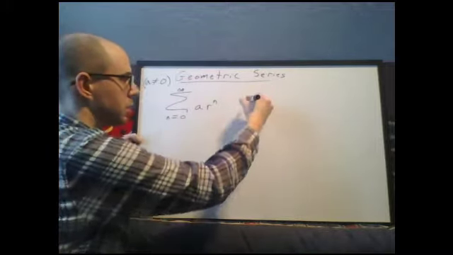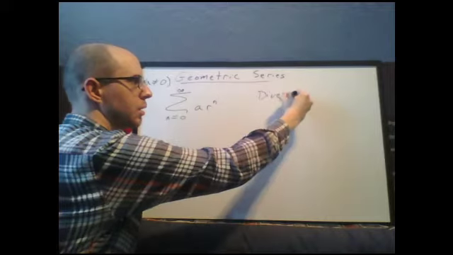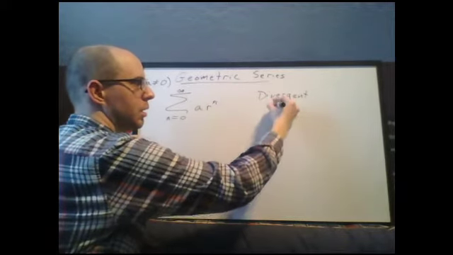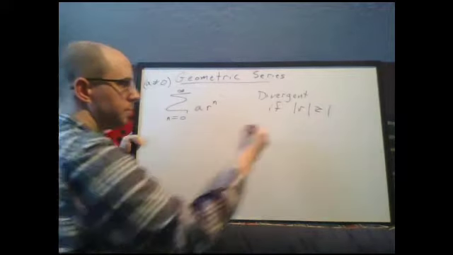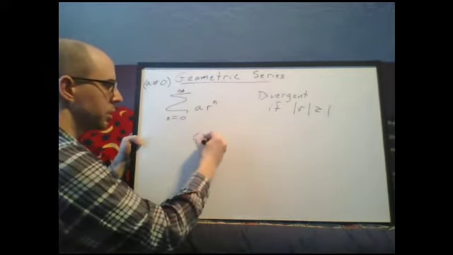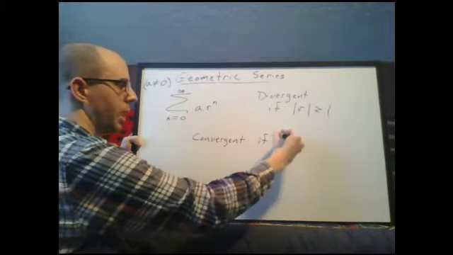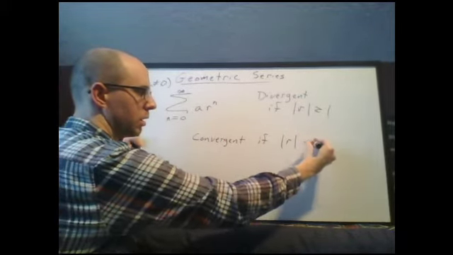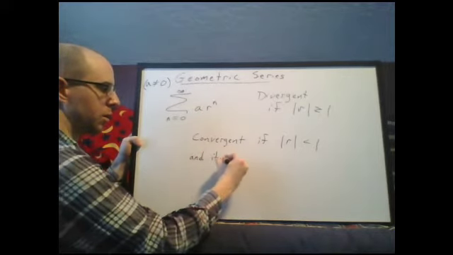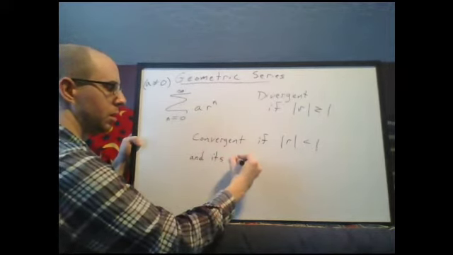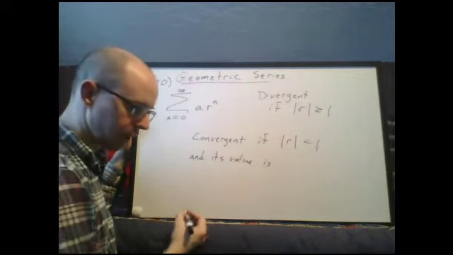So this geometric series is divergent if the absolute value of r is greater than or equal to 1, and it's convergent if the absolute value of r is less than 1, and its value is what I wrote there.